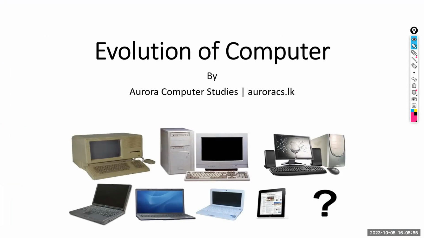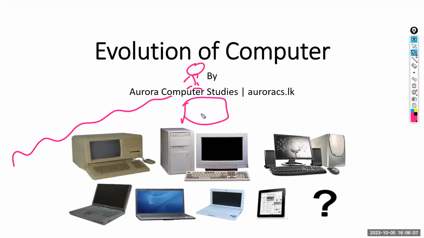So when you learn the history and how the computer gradually came into this shape, we are in a better position to understand why the computer is like this and what is going to happen in the future, the patterns. That is the same reason why you learn history in school.